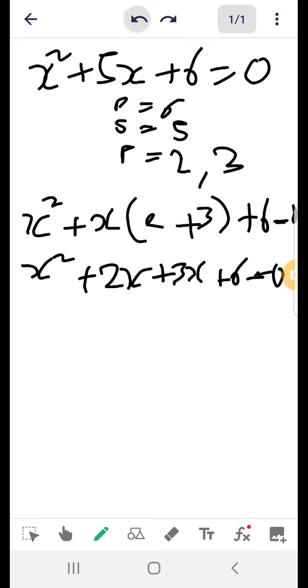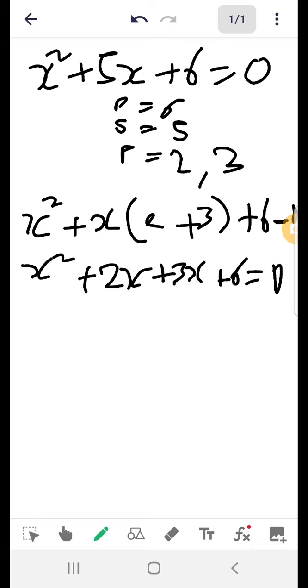That's an equal sign, let me just write this properly. Equals 0. Now you're going to factorize this.